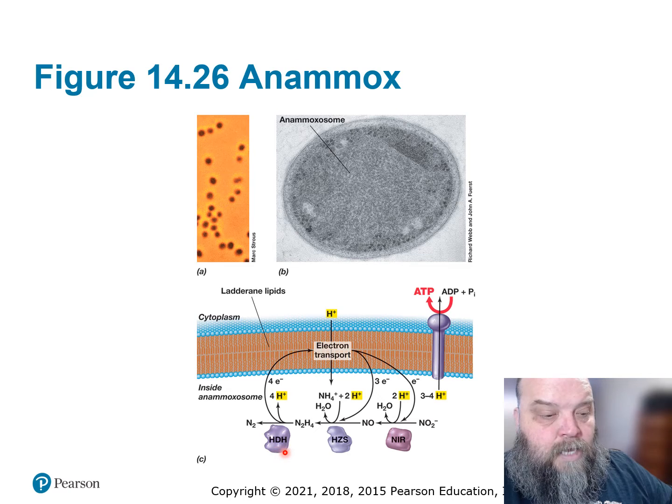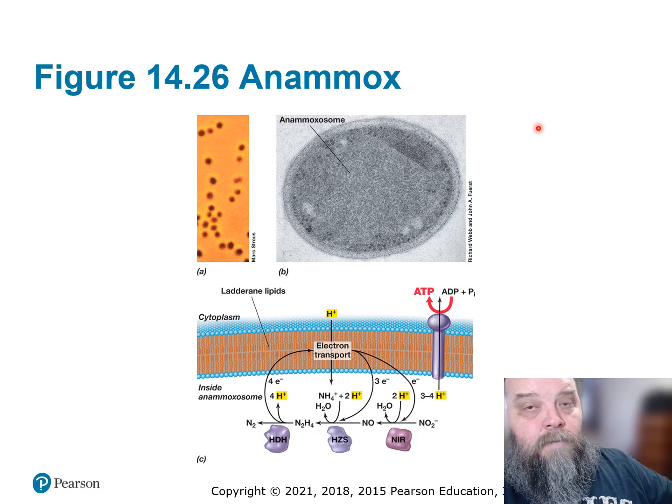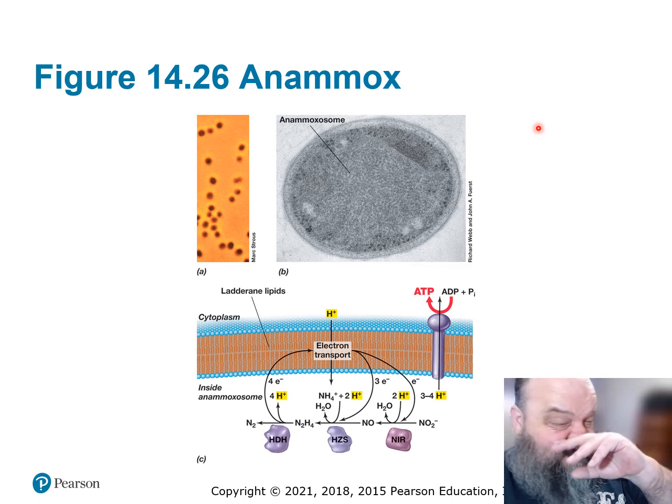The hydrazine dehydrogenase is removing the 4 hydrogens. Here they are released, so here's 4 hydrogens inside the anammoxosome. 4 electrons are being stripped off. Those 4 electrons are going to be bled of their energy to pump hydrogens in, which is good, because some of those hydrogens are going to flow out through ATP synthase, making ATP to be utilized in the cytoplasm.